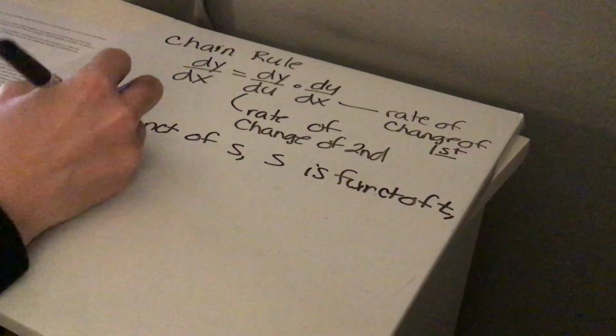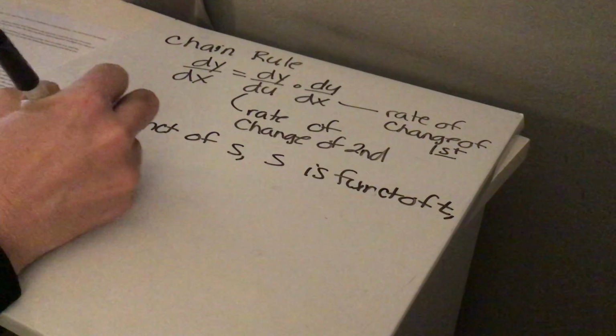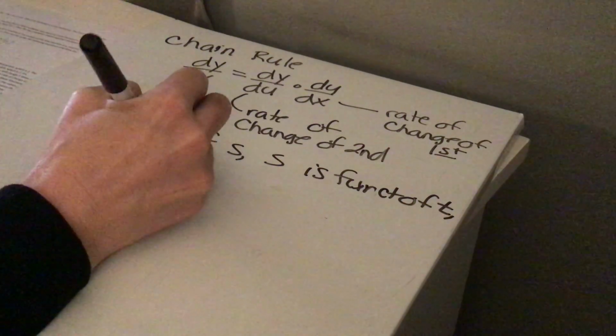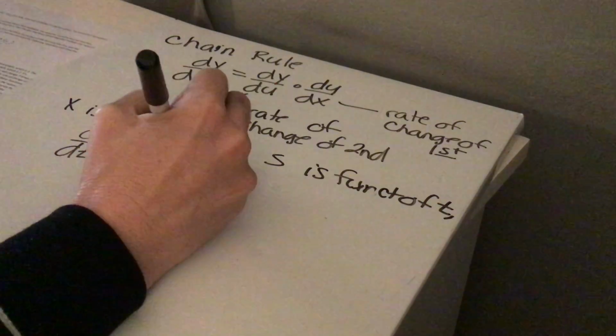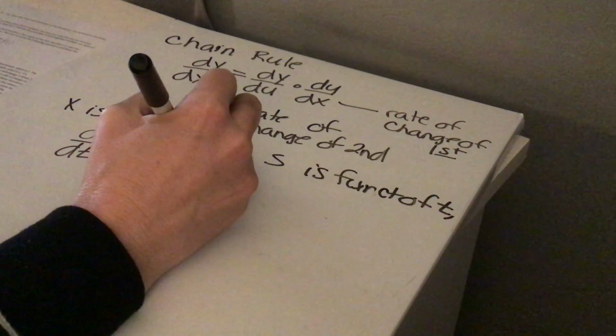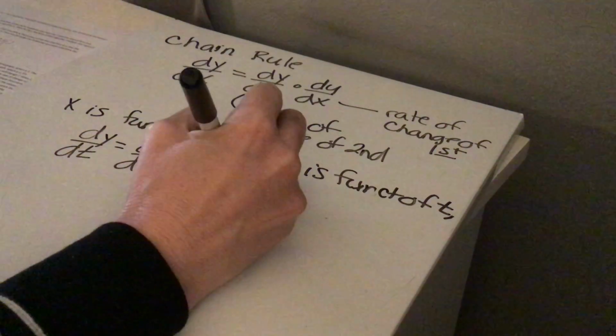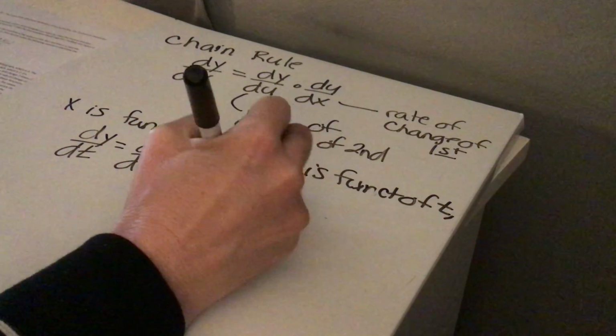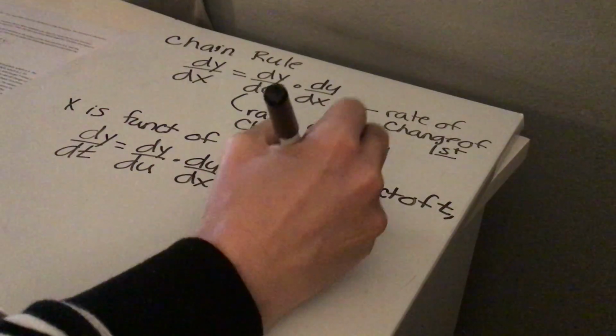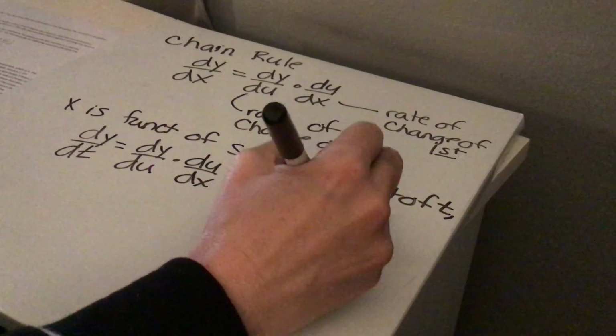So then the derivative of y with respect to t is the derivative of y with respect to u times the derivative of u with respect to x times the derivative of x with respect to s times the derivative of s with respect to t.